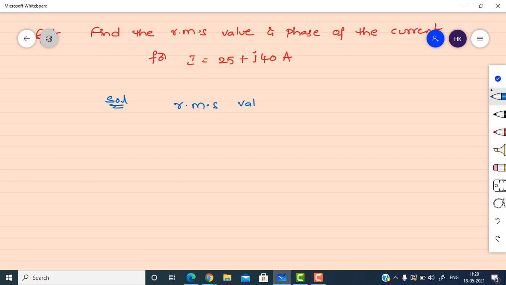How can you find the RMS value from the rectangular form? Under root x square plus y square. Normally the RMS value of an alternating quantity is maximum value by root 2, but we don't know the maximum value here. The given equation is a rectangular form, so we have to convert that rectangular form into the polar form. So R is equal to under root x square plus y square. Then what are the values of x and y?